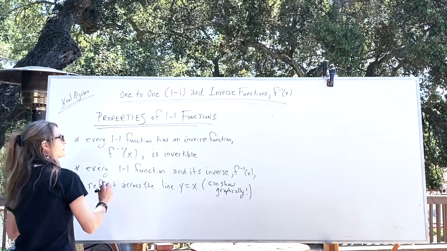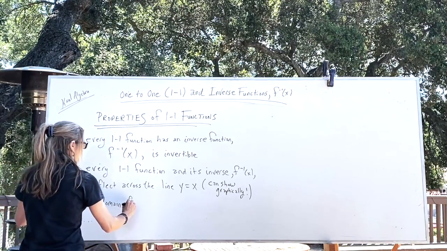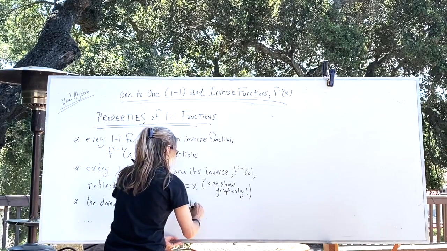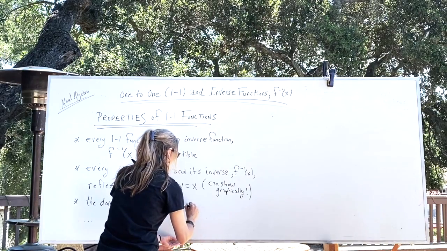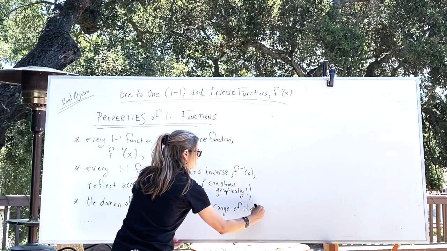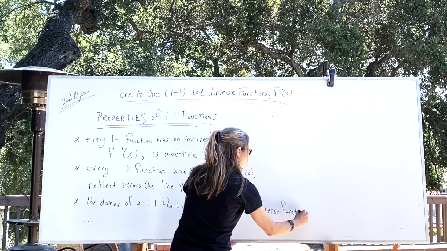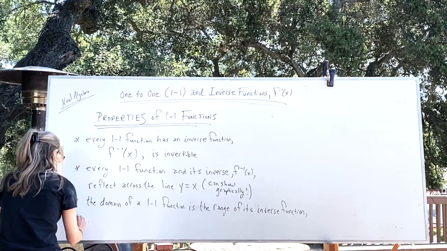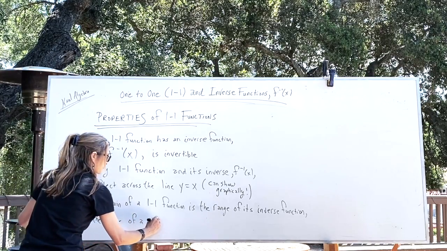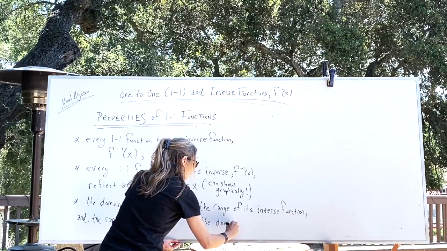Now another feature is that the domain of a one-to-one function is the range of its inverse, and the range of a one-to-one function is the domain of its inverse.